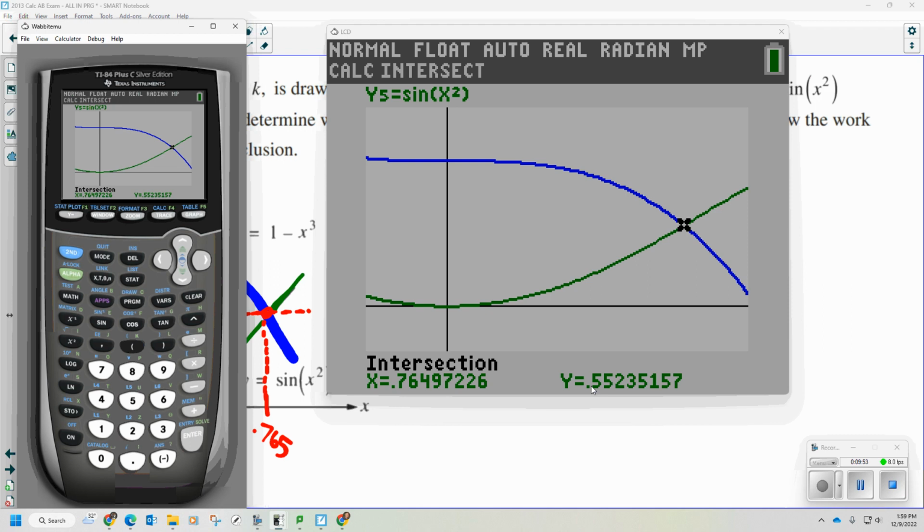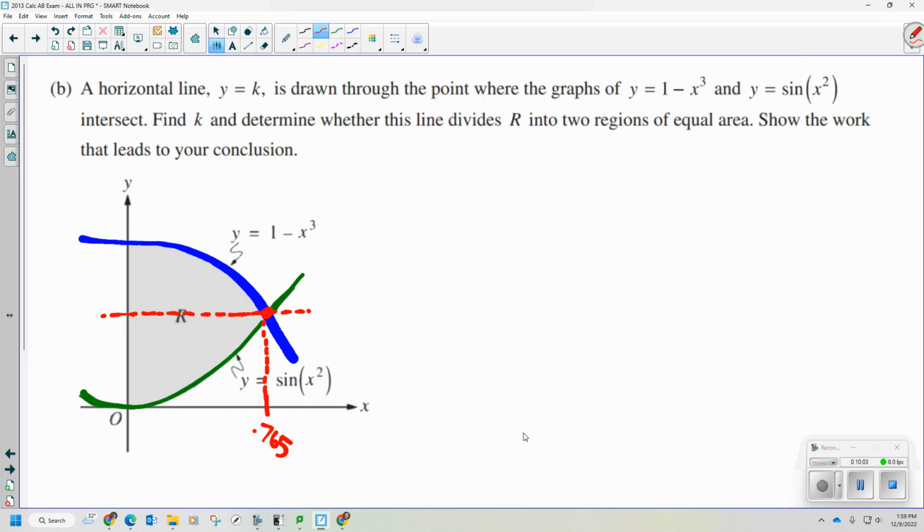That's 0.55235. That's my K. You see what I did there, kids, huh?